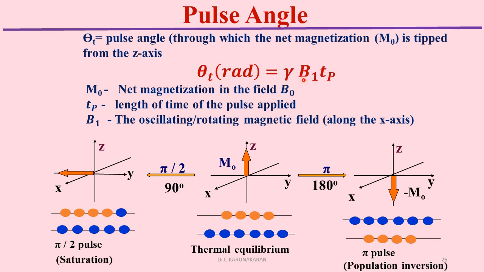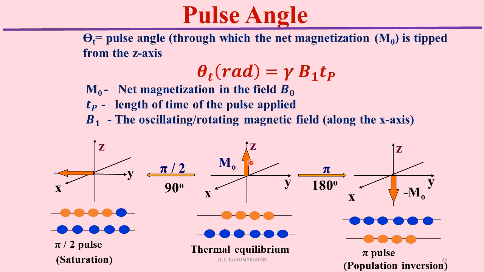It is the oscillating, rotating magnetic radio frequency pulse, B1. It will be given. And what is tp? tp is the length of time of the pulse applied, how long the pulse is applied. For example, if you apply it for a long time, then it will be tilted to the minus z axis.